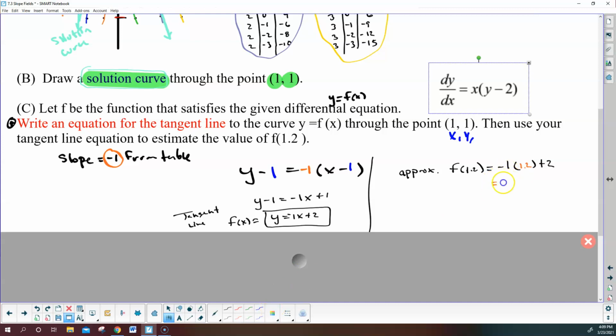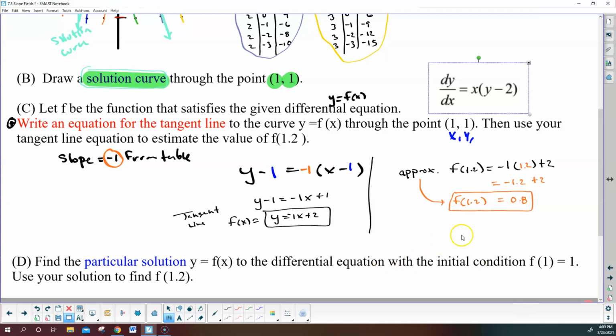Simplify. And usually this is something that we would do without a calculator. So the approximation of the point 1.2, the output, when x is 1.2, the output is 0.8. That's my approximation or my estimation.